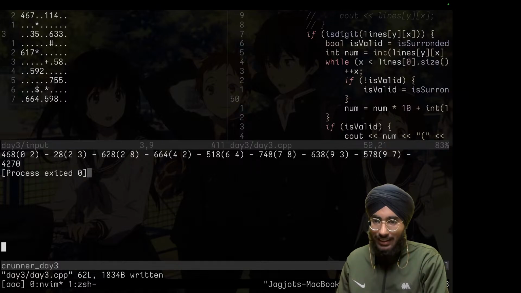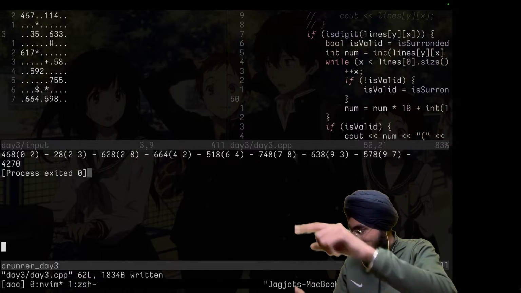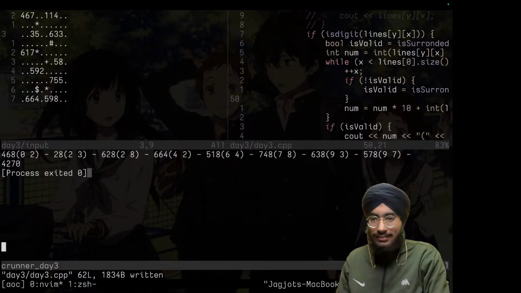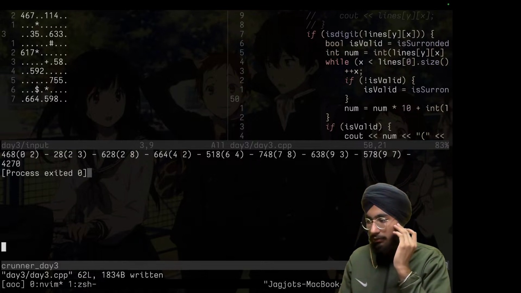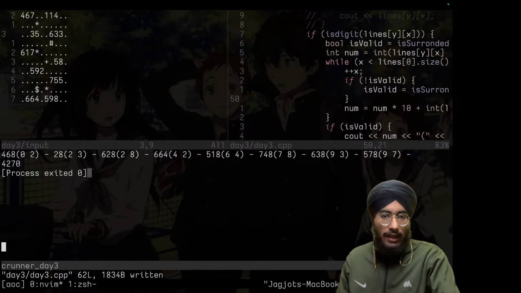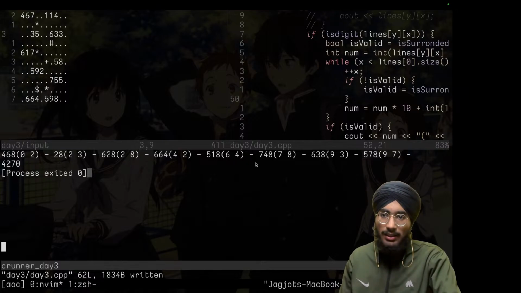We are getting all these 0, 2, 2, 3, 2, 8. Yeah, 2, 8 and 4, 2, 4, 2. Okay. 4, 5, 6. Fifth line is not there, which is good because 58 is not a valid part number. And sixth, 0, 1, 2, 3, 4, 6, 4. Okay, it is there.